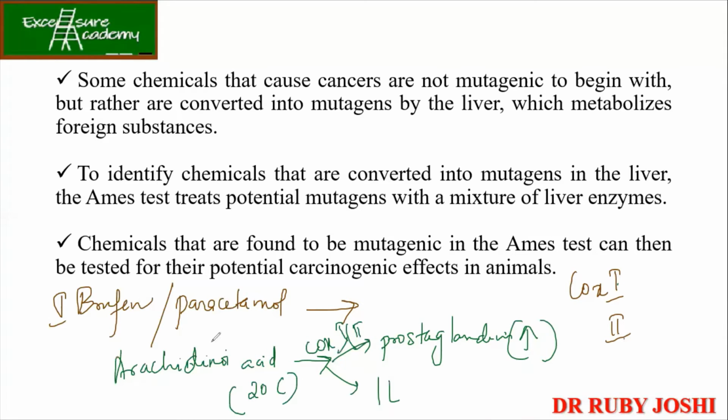Now what brufen or the painkiller does is that they go and target your COX enzymes, and decrease the level of prostaglandin. That is why you must have noticed that after taking a painkiller, your headache does not go away immediately. It takes around 10 to 15 minutes and then it shows its effect.